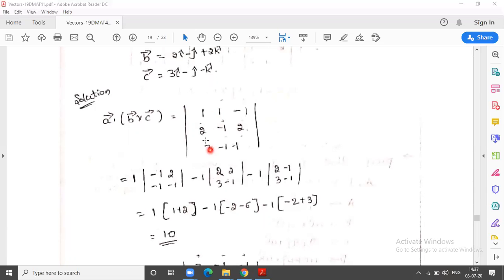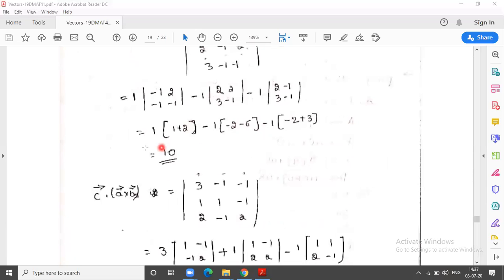That is 1 into minus 1 into minus 1, 1, minus 1 into 2 is minus 2, minus of minus 2 becomes plus 2. Minus 1 into 2 ones are 2, minus 2, 3 twos are 6, minus 6.